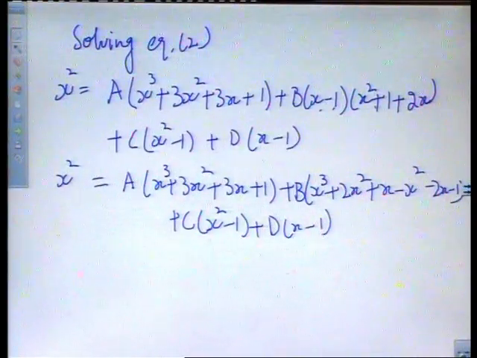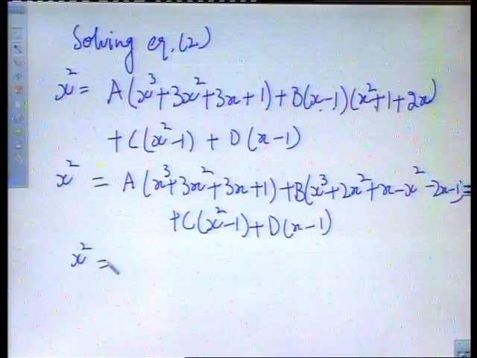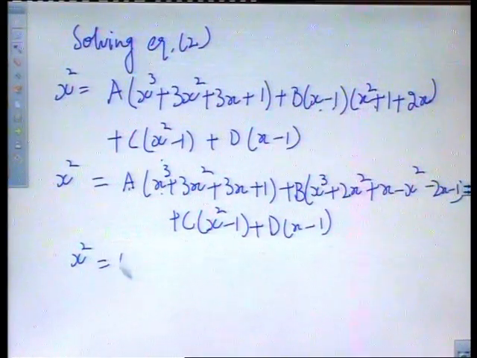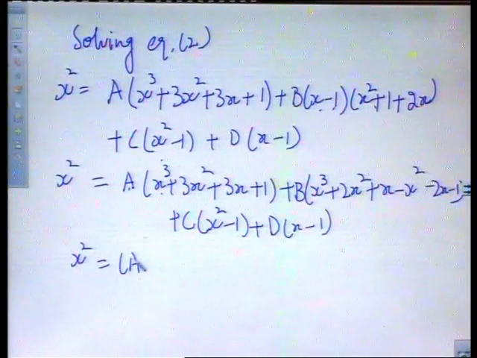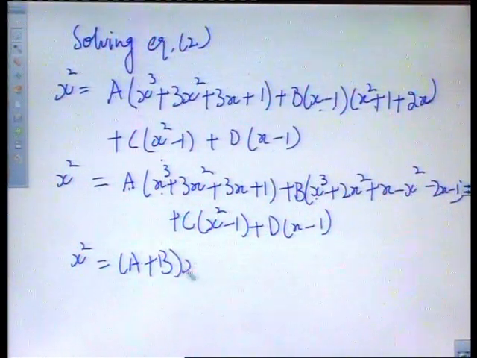Now we collect the terms. We have x cube, the coefficient of x cube is A. Here the coefficient of x cube is B. It means the coefficient of x cube comes out to be A plus B.